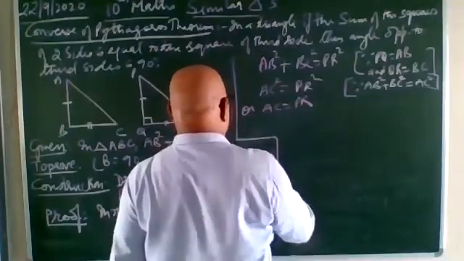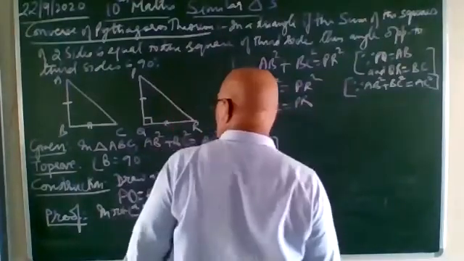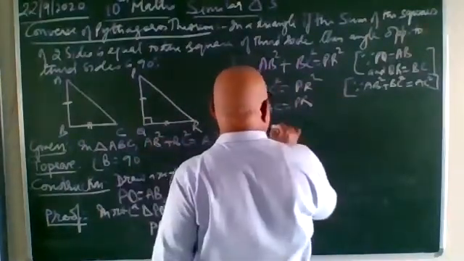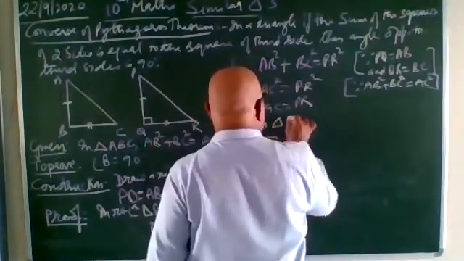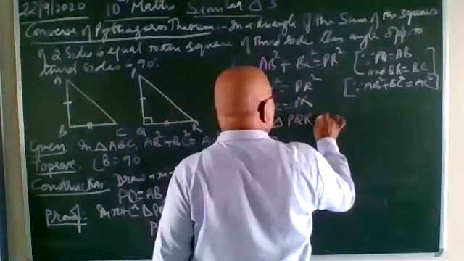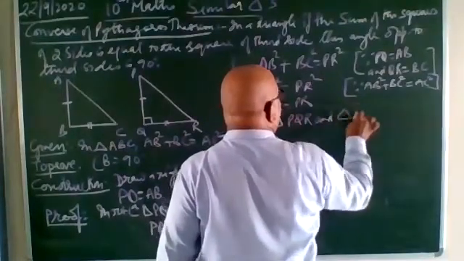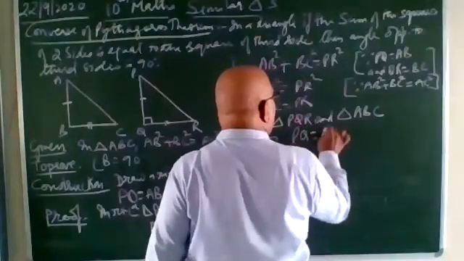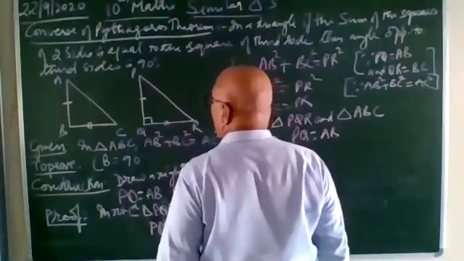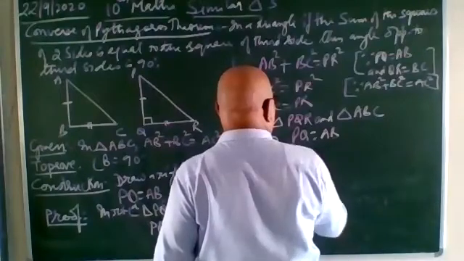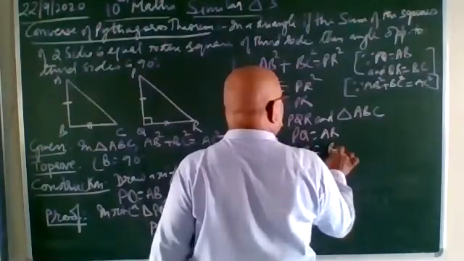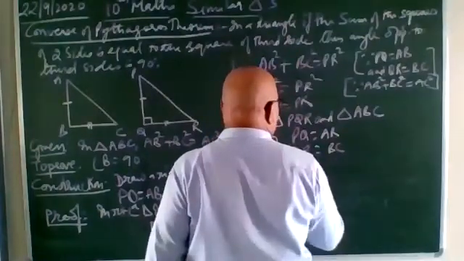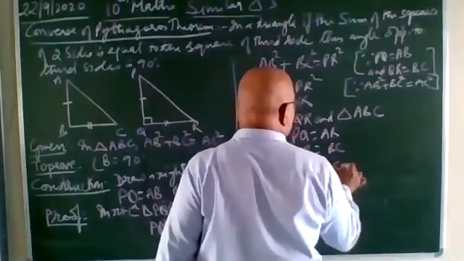Now in triangle PQR and triangle ABC, PQ equal to AB, QR equal to BC, PR equal to AC.